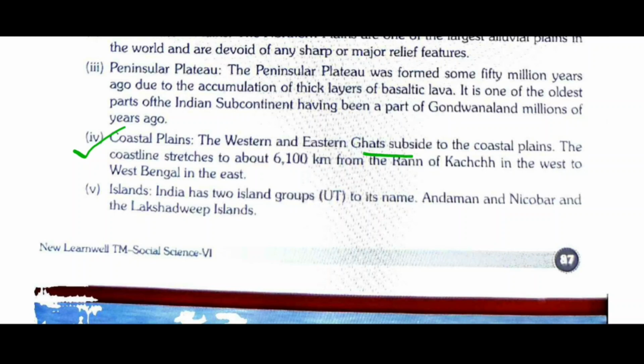The Western and Eastern Ghats subside to the coastal plains. The coastline stretches about 6,100 km from the Rann of Kutch in the west to West Bengal in the east. Islands. India has two island groups to its name, Andaman and Nicobar and the Lakshadweep Islands.